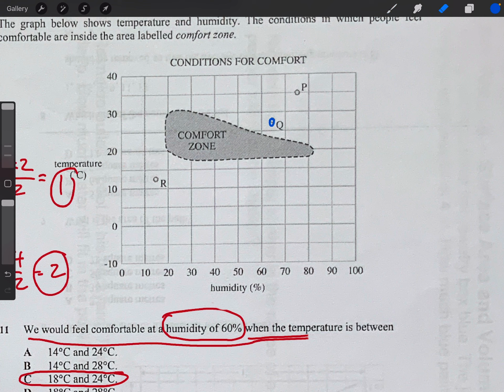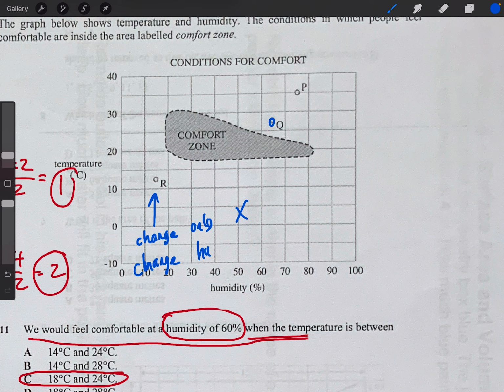And also the temperature is actually at about 11 degrees. Even if you change the humidity, regardless of how much, you're still not going to be able to get comfortable. So at point R, if you change the temperature only, you will not get comfortable. It won't work.